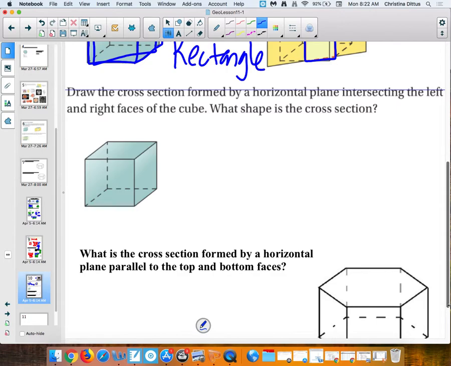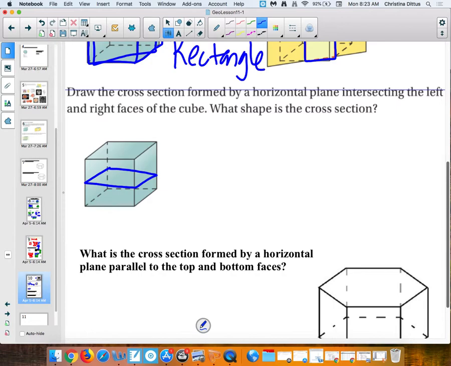So we have a horizontal plane that intersects the left and right faces of the cube. So it comes in like this. That's kind of bad, but. So what shape would I have? A square? You guys agree?